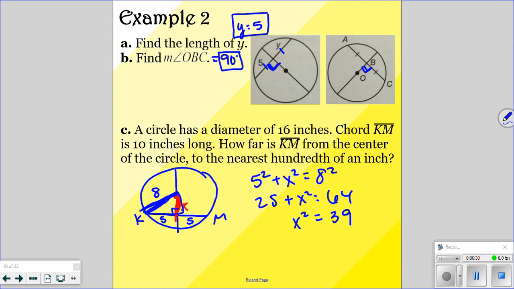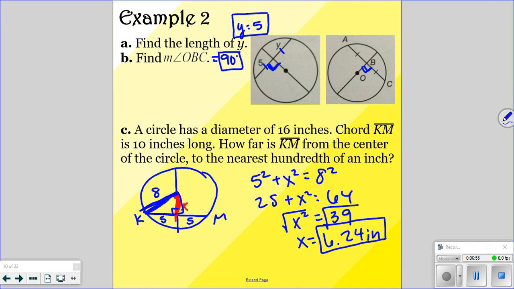And then it says to the nearest hundredth of an inch. So you're going to take the square root of both sides. And that would give you 6.24 inches. So that's what you can do on that one. On these, when you're dealing with circles, you're pretty much always going to try and make a right triangle somehow for these.